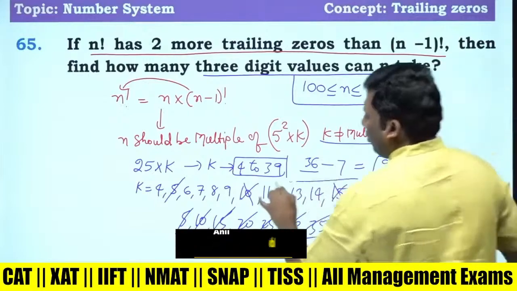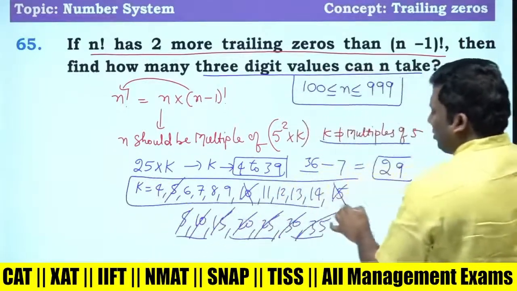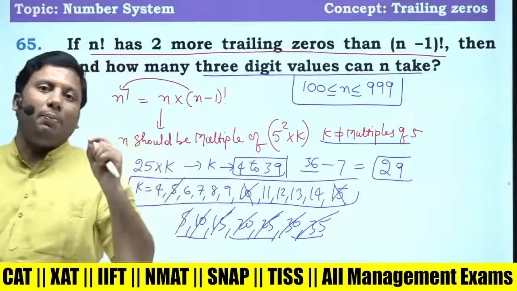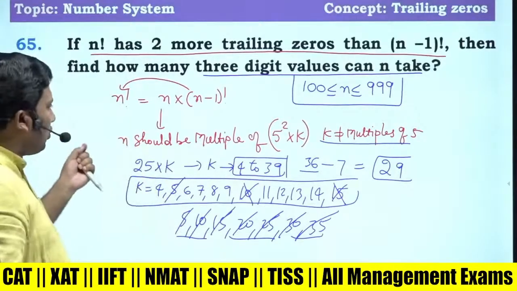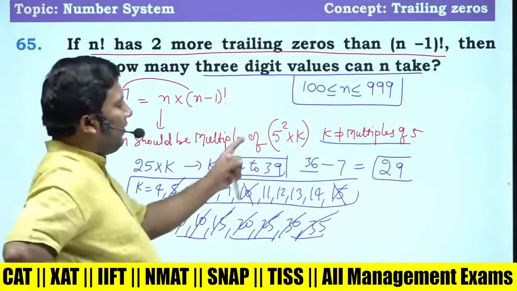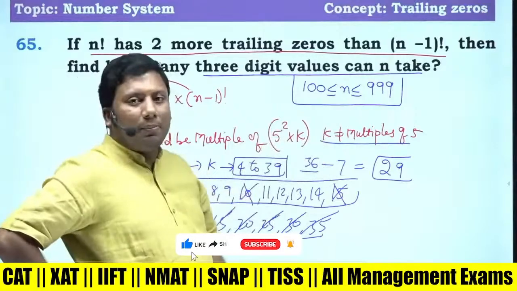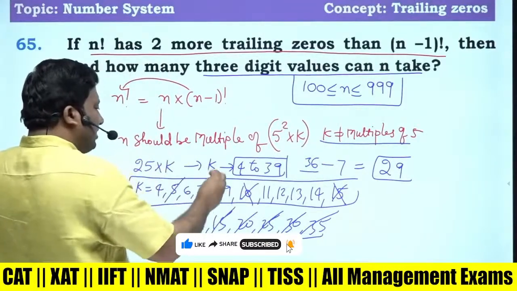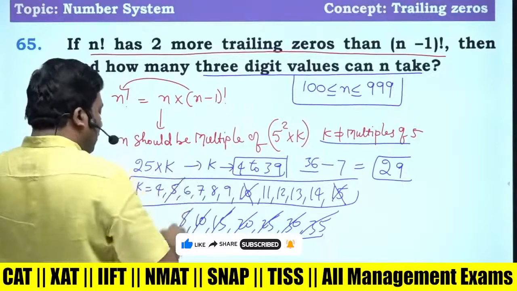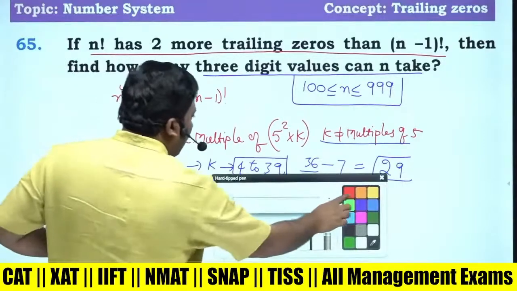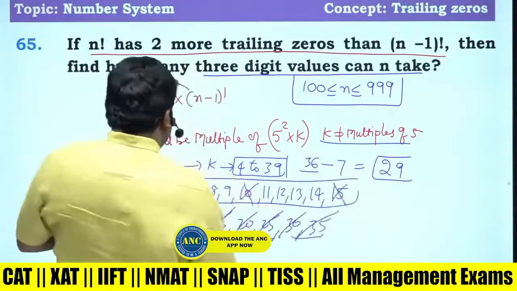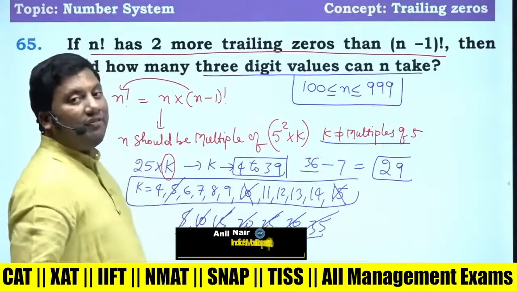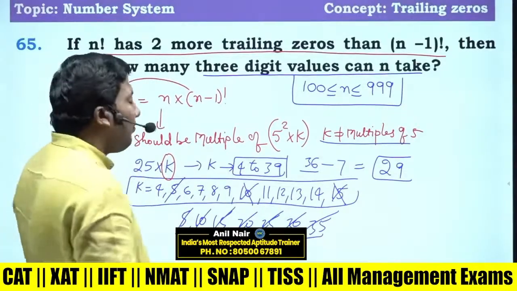You don't need to do this step of wasting your time. N should be a multiple of 25. K cannot be a multiple of 5. K's actual range, if I exclude that condition, is 4 to 39, because 25 into 40 will get 1000.